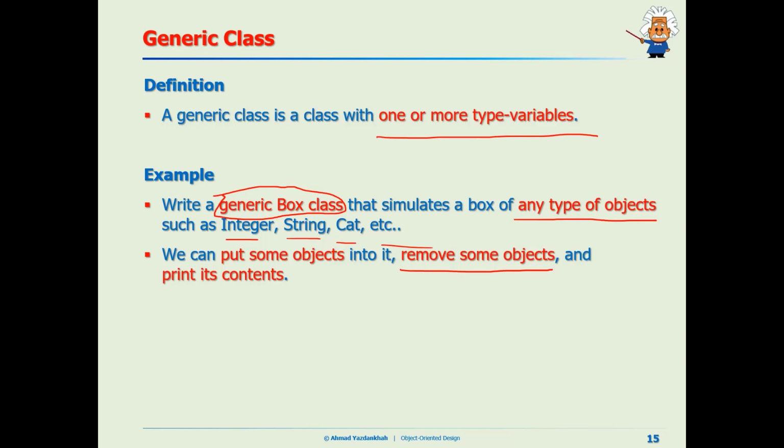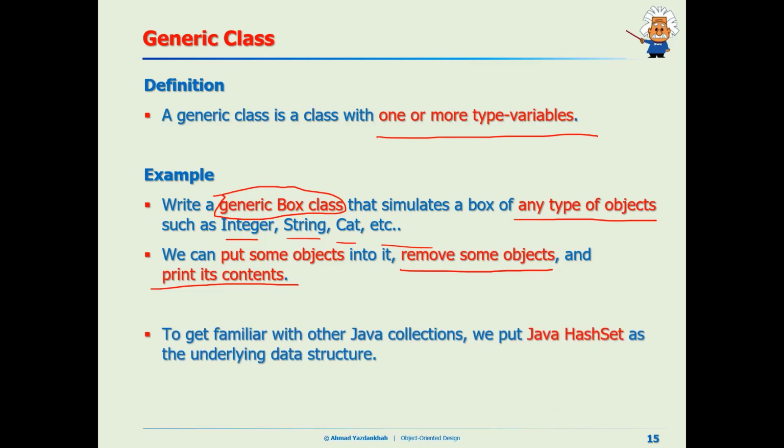And to show the contents, we will have a third method that prints its content. So what would be the underlying data structure? We can use something like an array list, but I would suggest that we use a set, a hash set, and let's see what would happen.